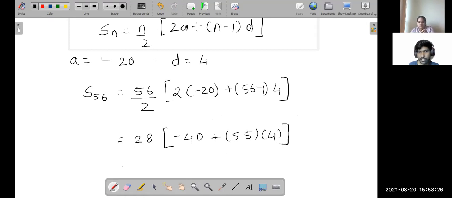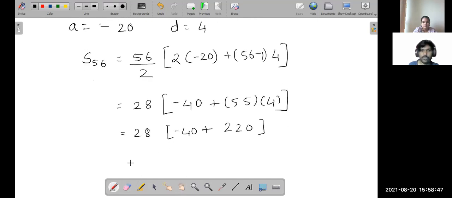So first do the multiplication. 55 into 4 is 220. Now solve this. 220 minus 40 is 180. And then you have to multiply 180 with 28.